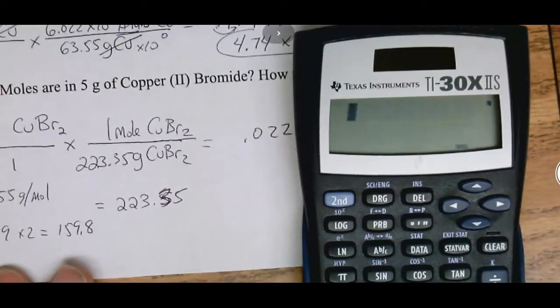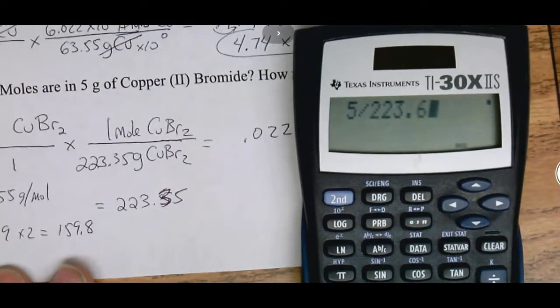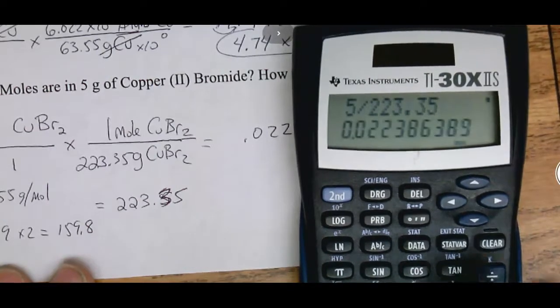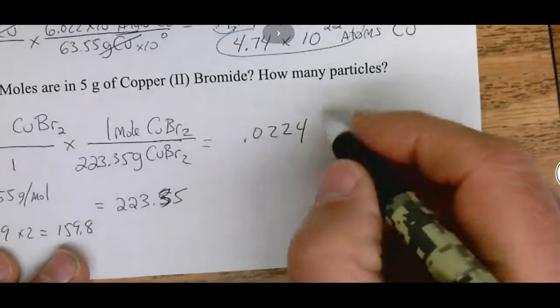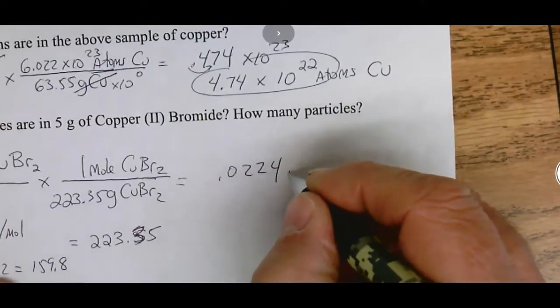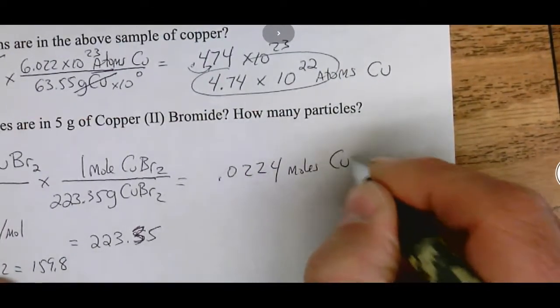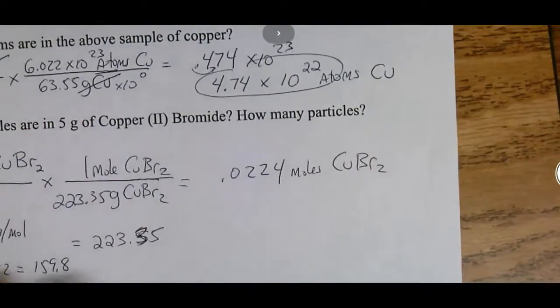I thought it might be a little smaller. 5 divided by 223.35. So we got. Okay. So then the answer is right. That's how many moles of copper 2-bromide we have.